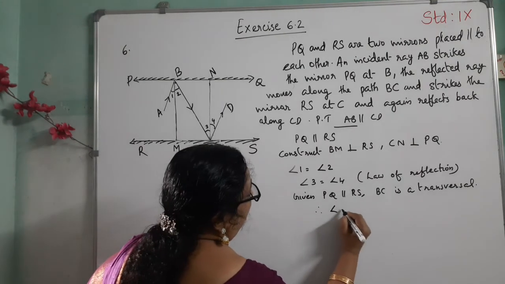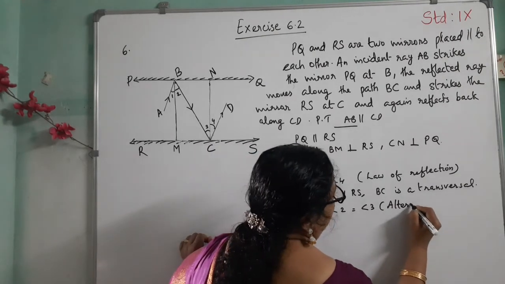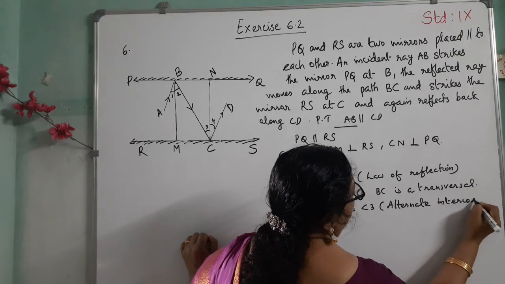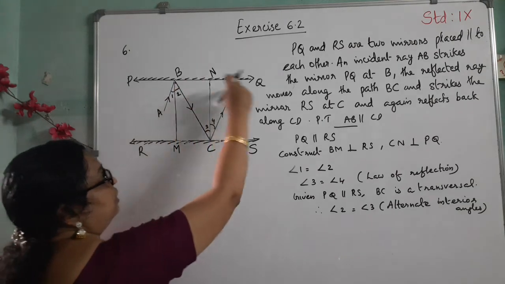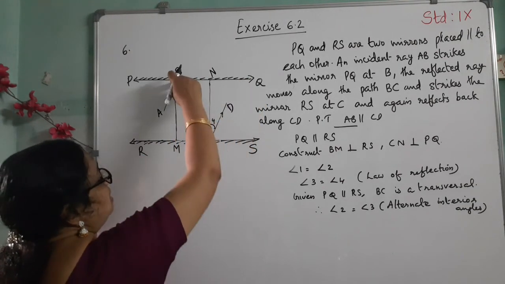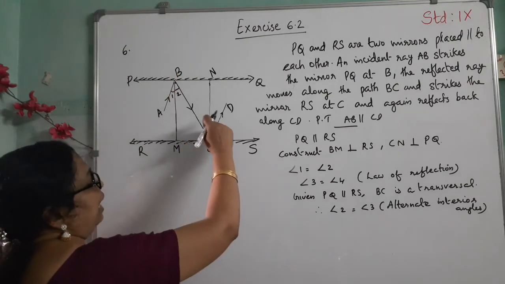Therefore angle 2 equals angle 3. The reason is alternate interior angles. You consider only PQ and RS and this ray BC. BC is a transversal, then angle 2 equals angle 3.